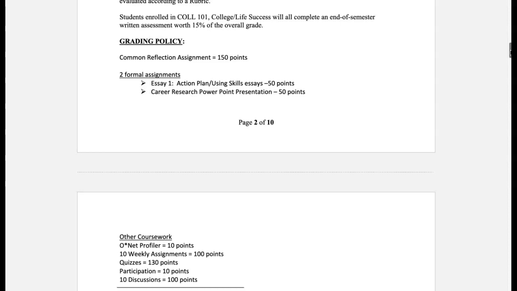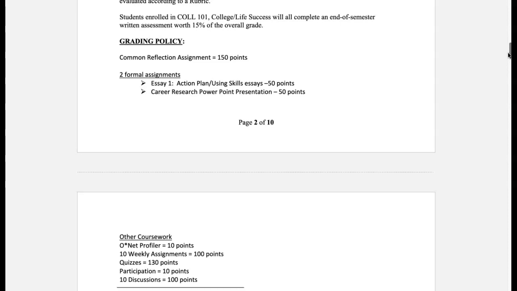The whole point of that assignment is to get you to research your academic future, in terms of the school, prices, tuition, things like that, but also the career, because sometimes we go into a career not knowing what benefits they offer, what the schedule is like, and things like that.